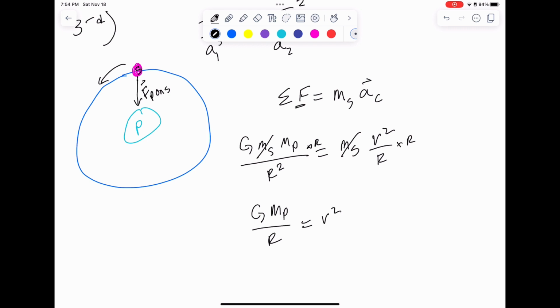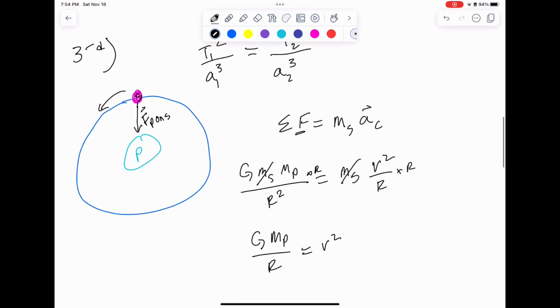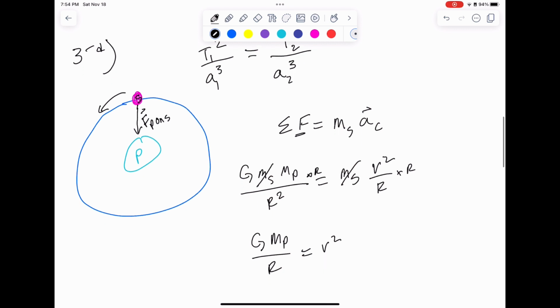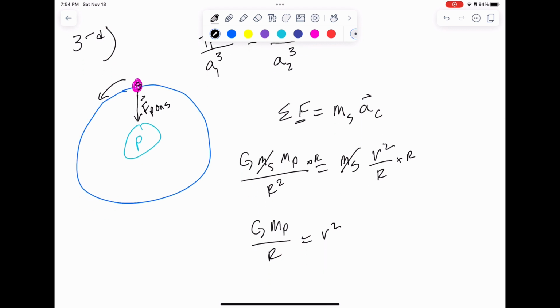Now we can substitute in for v squared. We can use the definition of speed because we want to get this down to a relationship between period and distance.